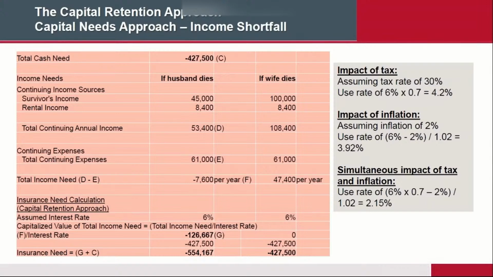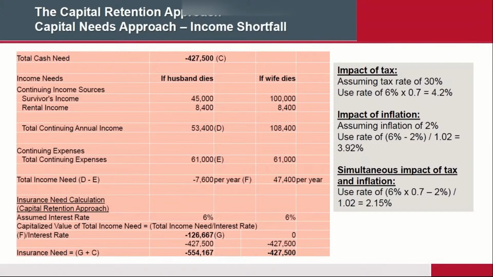So, Mr. Jones, we need to insure you for $126,667 plus $427,500 for a grand total of $554,167.